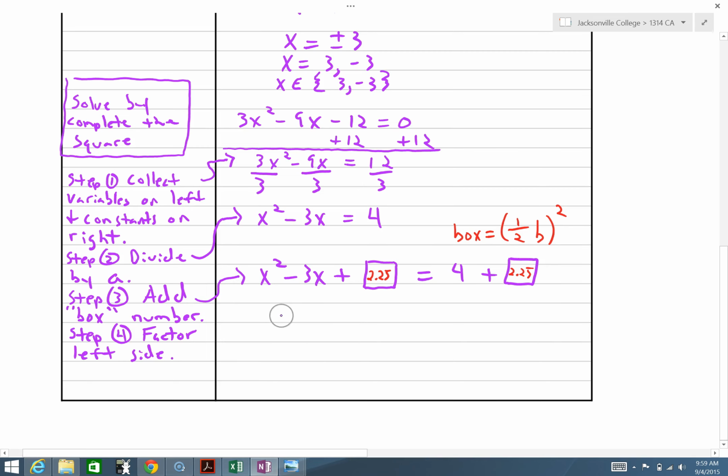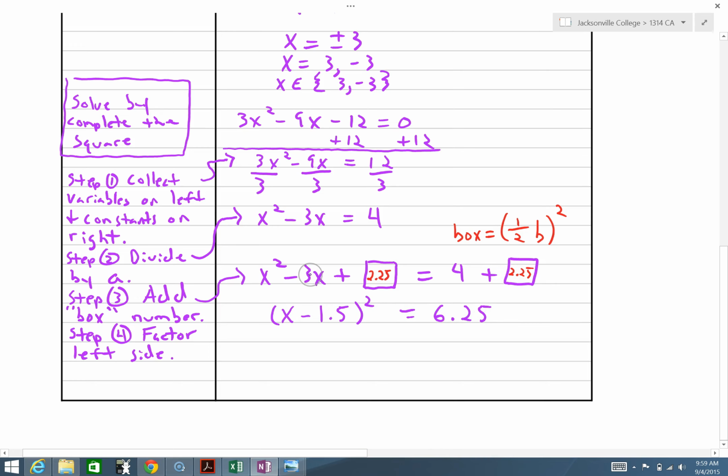So factoring here is simply going to be writing this as the square root of the first term first, and 1/2 of this term here. Half of -3 is minus 1.5 quantity squared. Over here we're simply going to sum 4 plus 2.25 is 6.25.